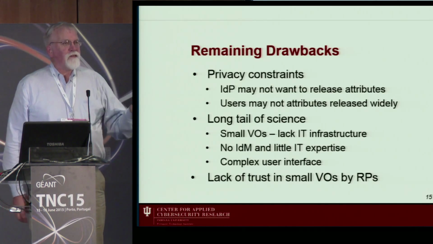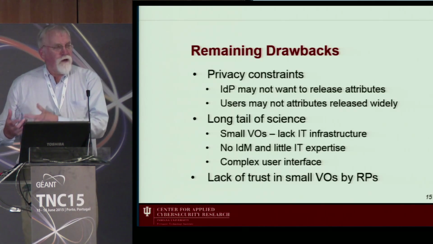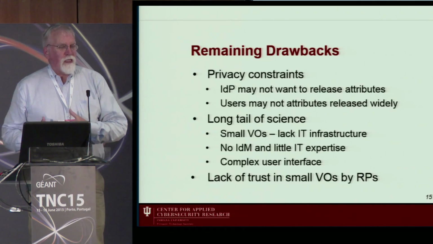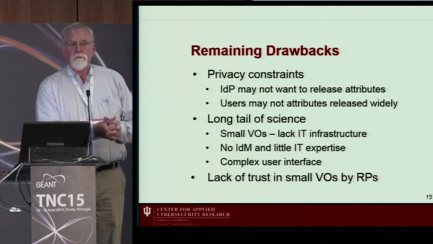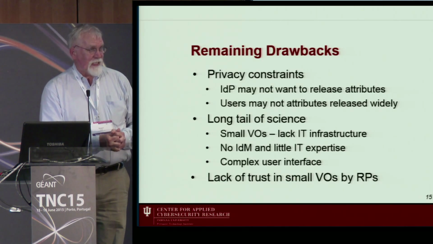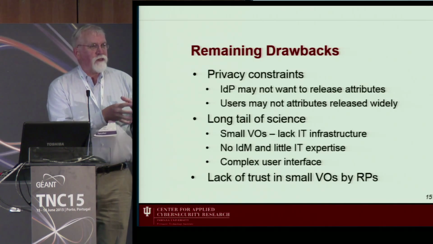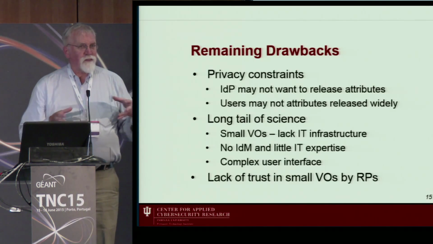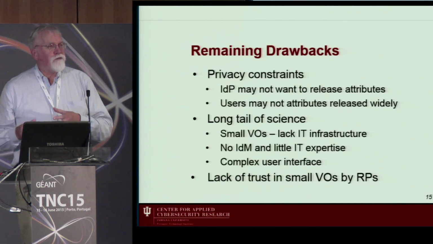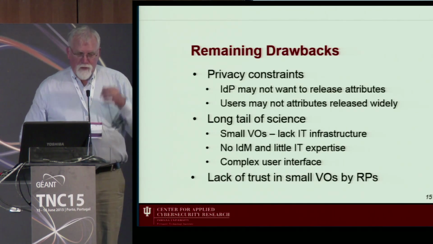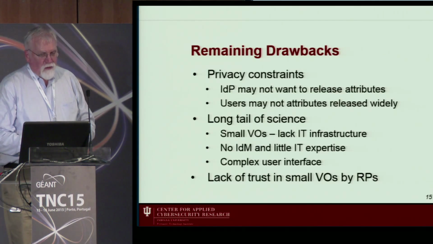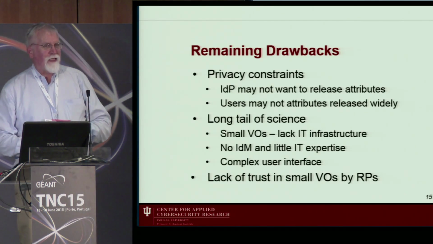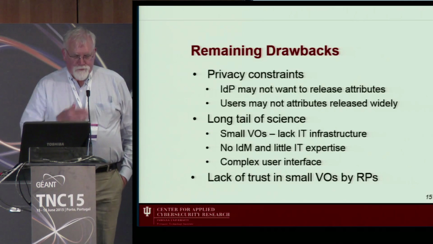And the data will be left somewhere, and then various research groups will then be invited to make proposals about how to analyze that data. But those research groups are all small, and they don't necessarily have a very good infrastructure to support them. They may not have any IT expertise, and certainly not identity management expertise.